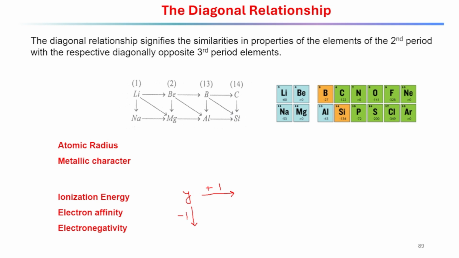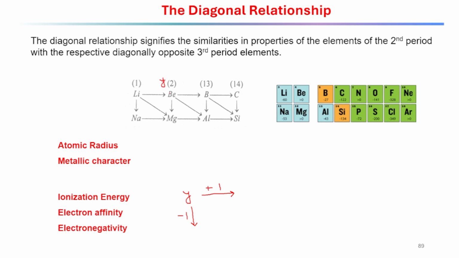Now we will take this pair, beryllium, magnesium, aluminum, and boron. We will take beryllium and aluminum. Let's consider that for beryllium, our electron affinity, electronegativity, and ionization energy values are y.